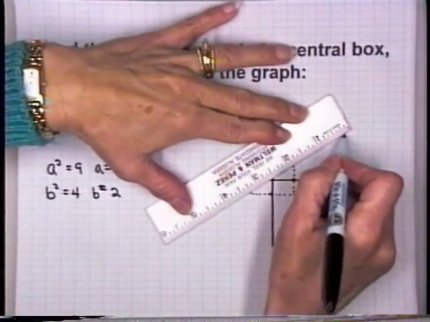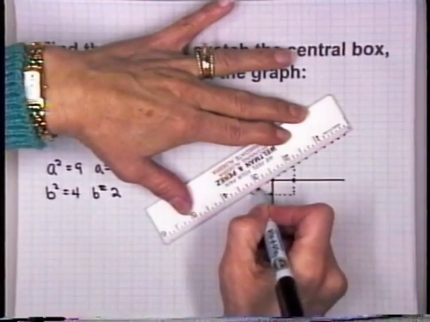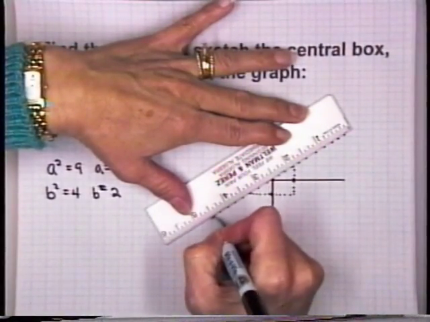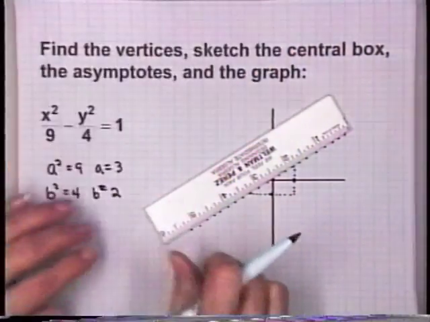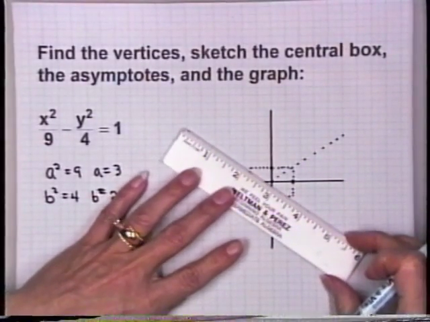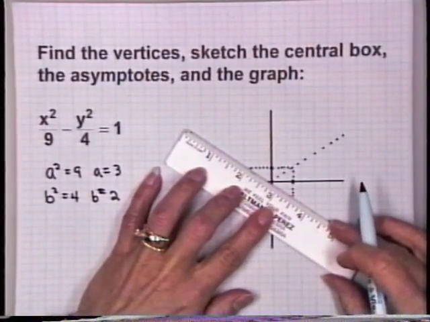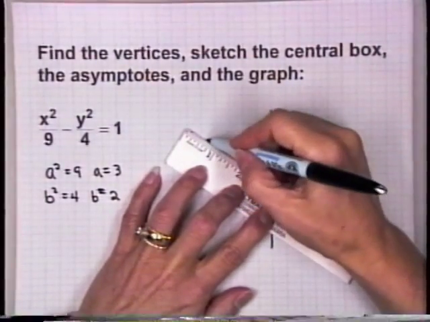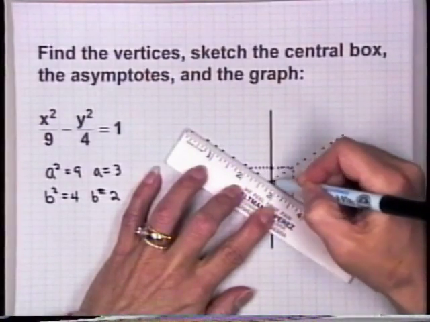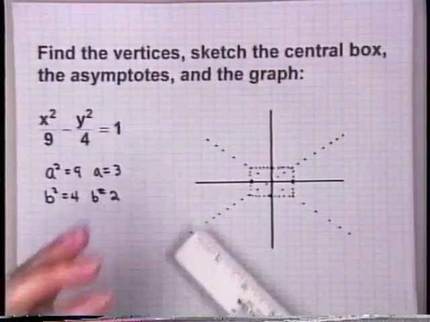You'll notice what I'm doing here is simply dotting in both the central box and where these asymptotes are. I don't want to make solid lines because these are not actually the graph of the hyperbola. They're simply guidelines to help me get that graph exactly correct. Okay, so I'm going to dot in my 2 asymptotes and my central box.